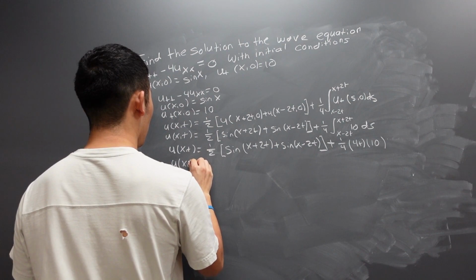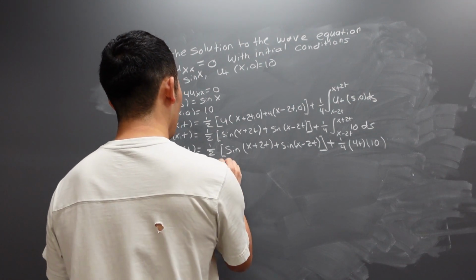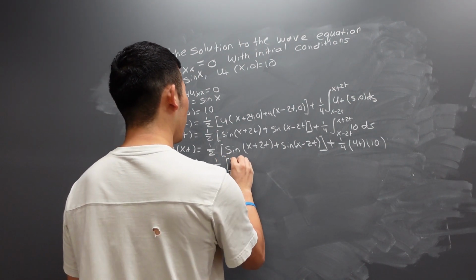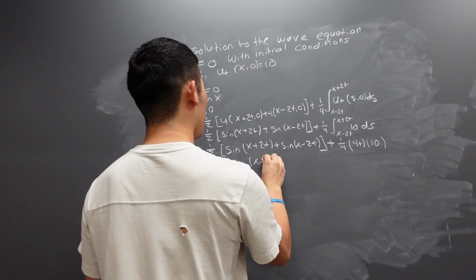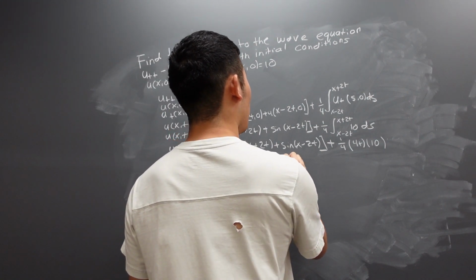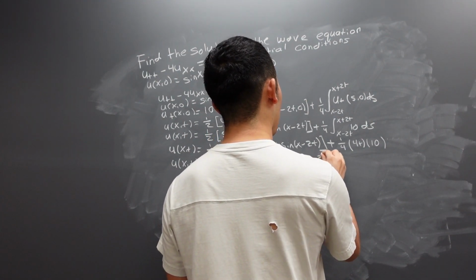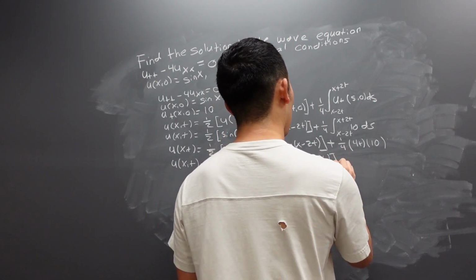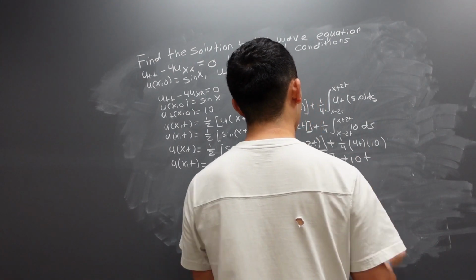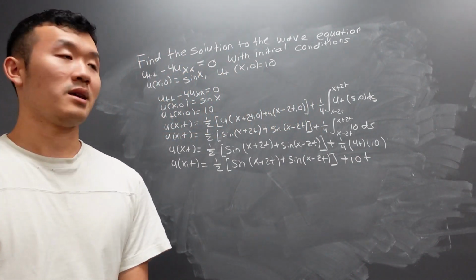Then simplify from here: u_t is equal to 1/2 of sine of x plus 2t plus sine of x minus 2t, plus 10t. And now we can check.